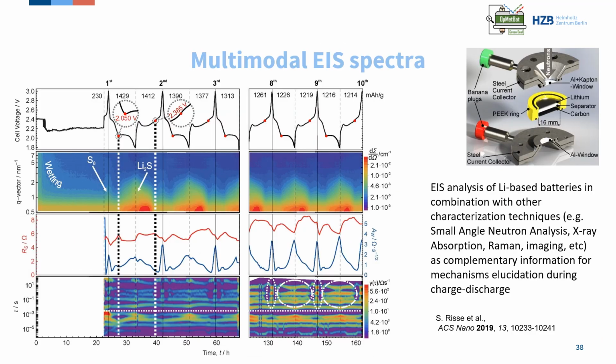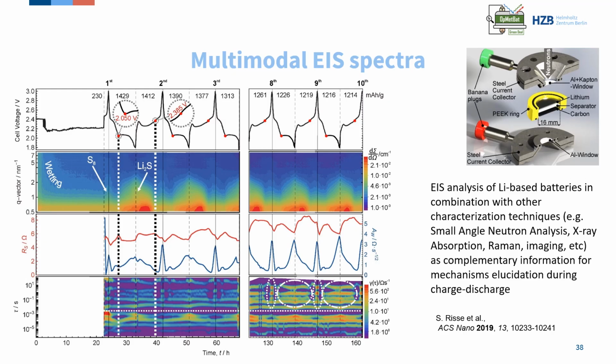In this last example of experimental impedance measurements of a lithium-sulfur battery, a charge-discharge cycling was also performed. The different processes at different states of charge can be compared for a better study of the system. In addition, multimodal characterization can also be performed by combining impedance with other techniques like X-ray spectroscopy, Raman spectroscopy, or neutron characterization, as well as imaging techniques.